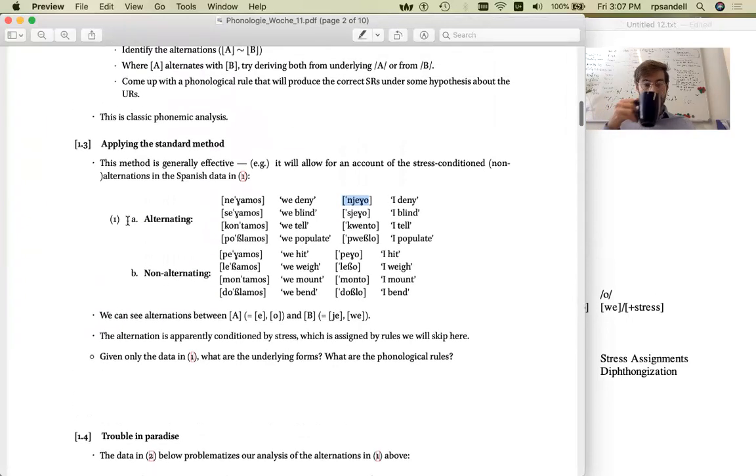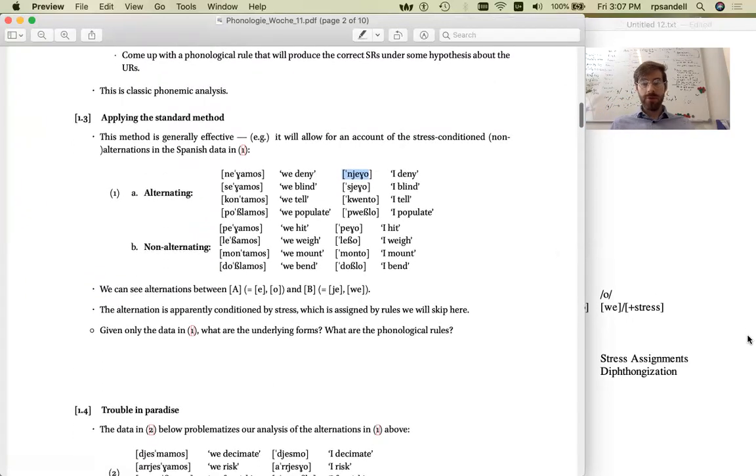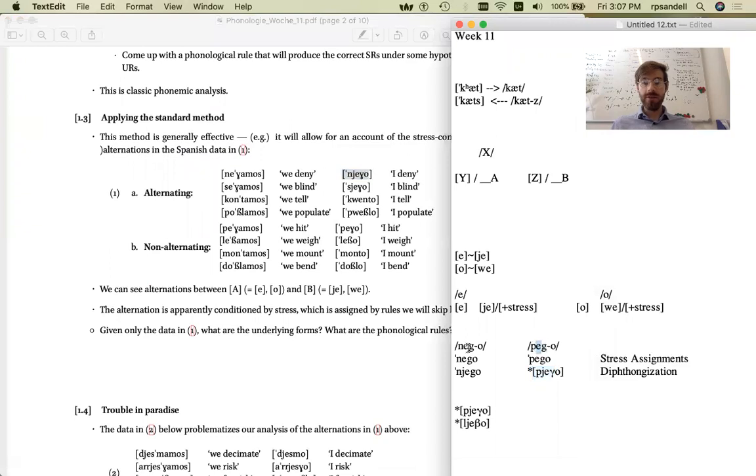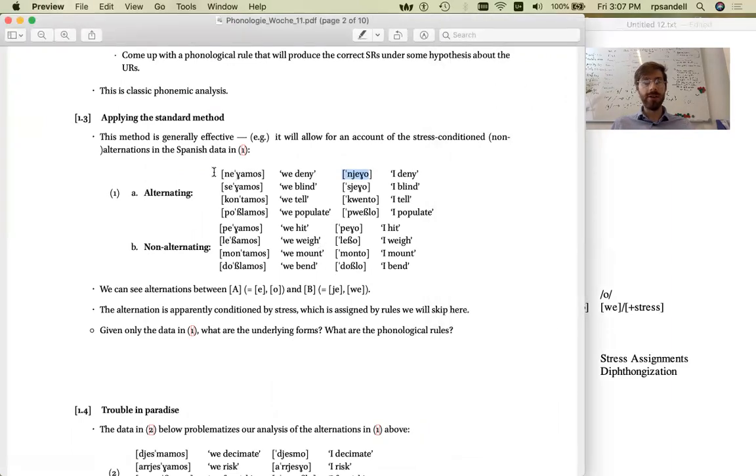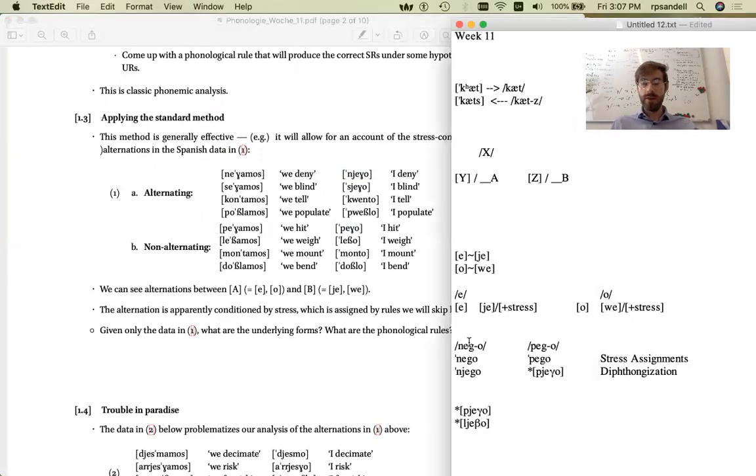So one other approach could be to assume that these two sets of forms must in fact have different underlying representations. Since we only find alternations in this group, but we don't find alternations in this group, and these always maintain the vowels a and o, then the other approach could be to say, maybe it's just the opposite of what we initially assumed, and in fact we find the monophthong when the underlying diphthong is unstressed.